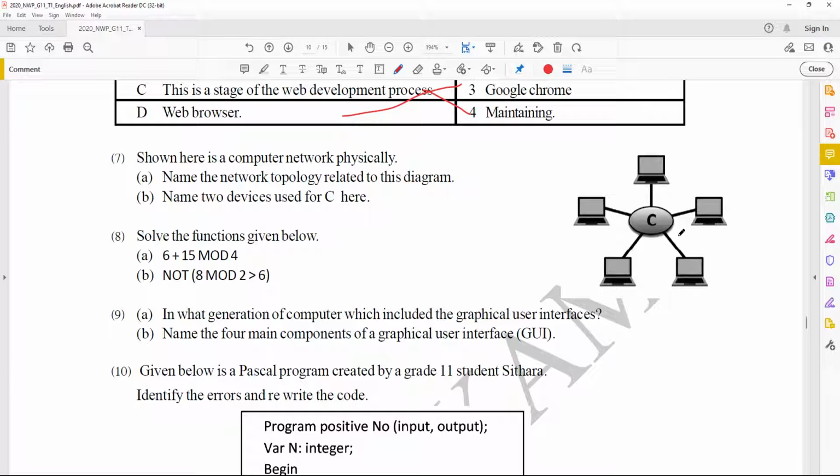You can see the computers in the network connect to one centralized device. When all the computers in the network connect to one machine like this, we call it a star topology. Right, correct answer.